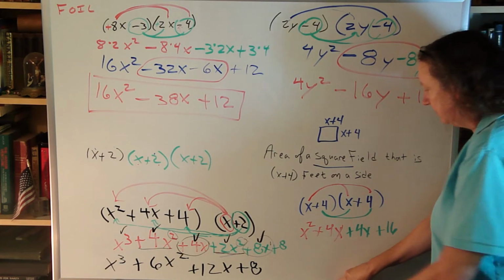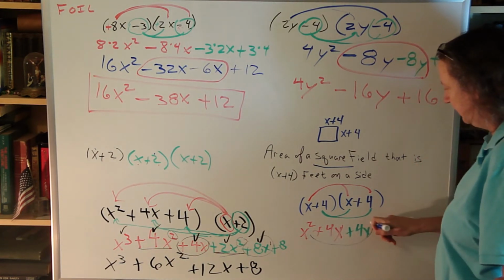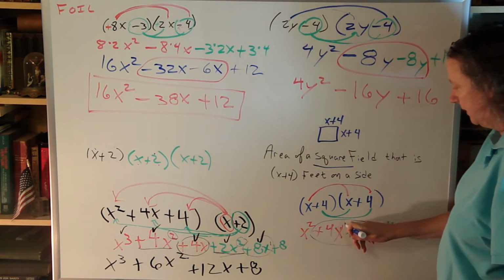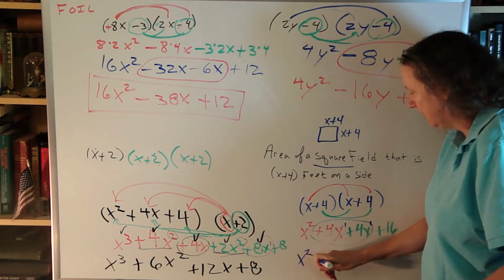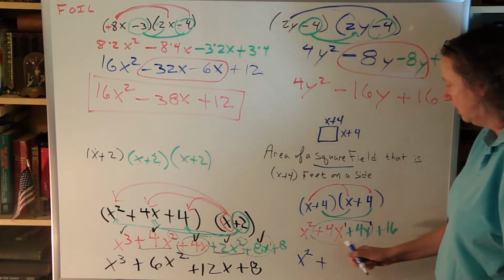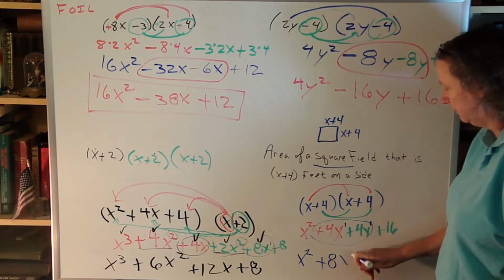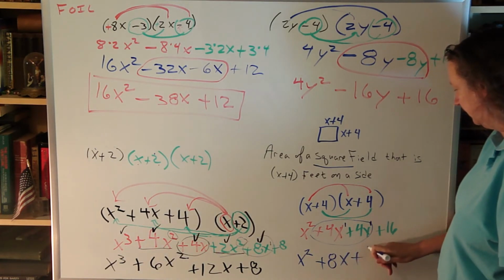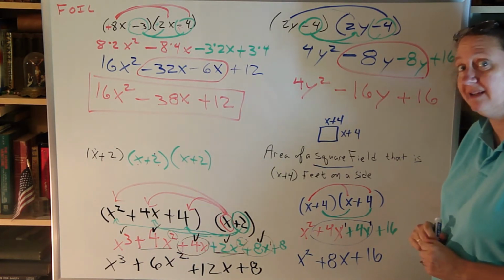Combine my like terms. My like terms right there in the middle both have x to the first power. So I have x squared plus 4 plus 4 is 8x plus 16. My answer is not done yet.